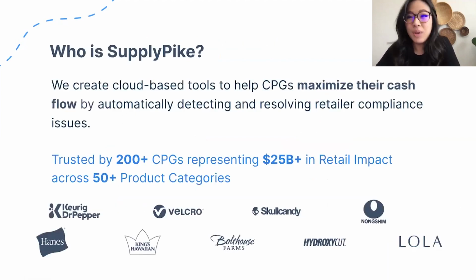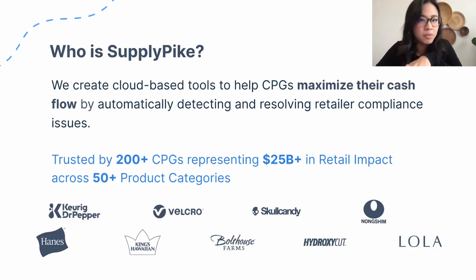But yeah, so we are going to go ahead and get this party started with a quick introduction of who Supply Pike is. To those of you guys who have been here before, we apologize for boring you and always starting with this slide, but we want to make sure that all of our newcomers have an understanding of who we are and kind of what we do. So we are actually a Northwest Arkansas based software company. And what we do is we create cloud-based tools to help our supplier teams maximize their cash flow.